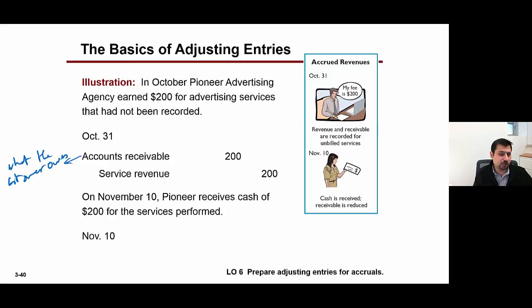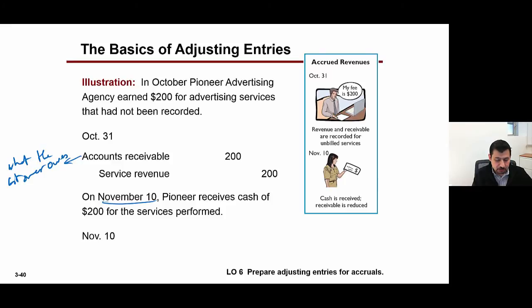But they need to recognize the revenue when the service was provided, although by the time they send the bill and the customer's company pays it, it can be in a different accounting period, which is the case here because the payment was on November 10th, which is in a different accounting period.